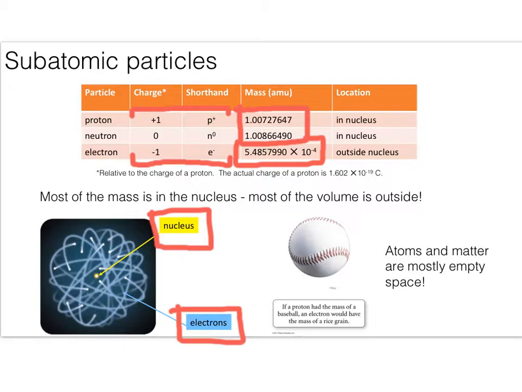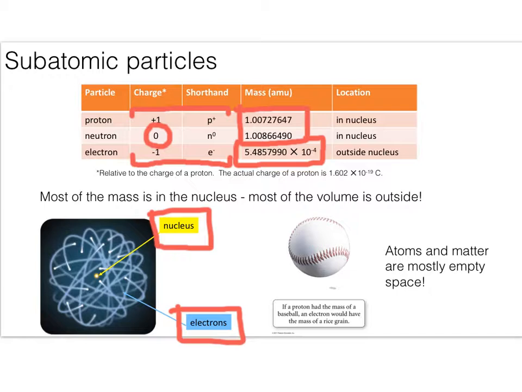So what's holding the electron from just flying off away from the nucleus is that positive-negative attraction that's going on between the electron and the proton. Now the neutron has mass, but it is neutral, and so it has no charge, and so we give it a 0 charge. It just simply adds mass to the nucleus.